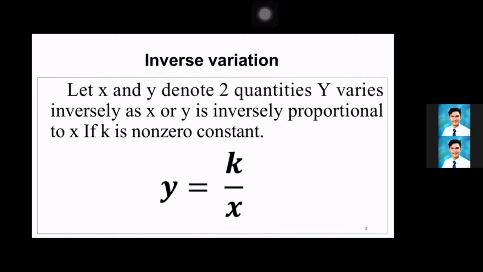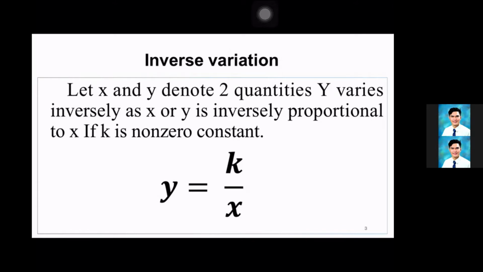And we have our formula: y is equivalent to k over x. So always remember, in inverse variation, we are involved with two quantities, particularly two objects that we are identifying the inverse relationship with each other.